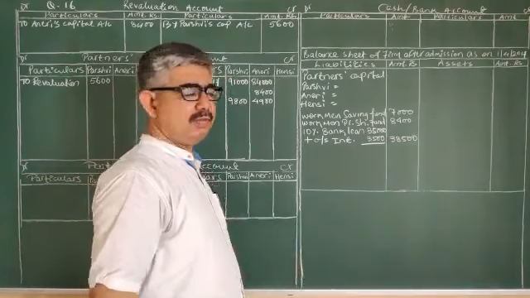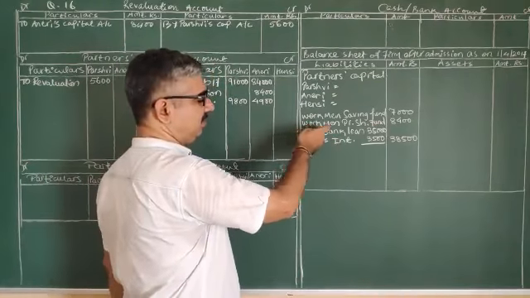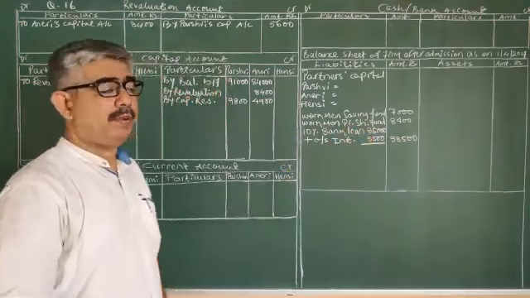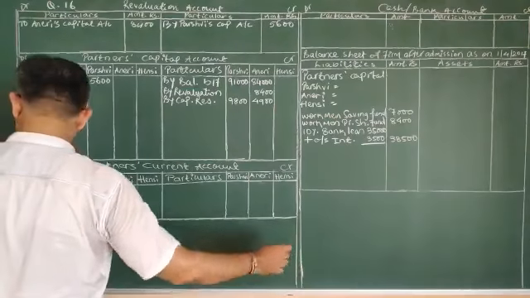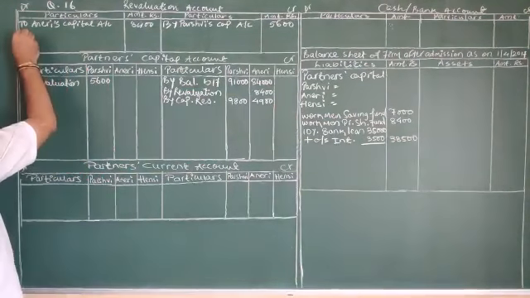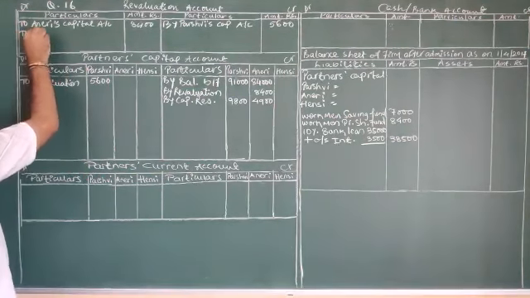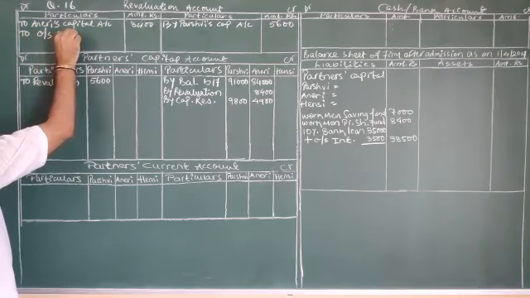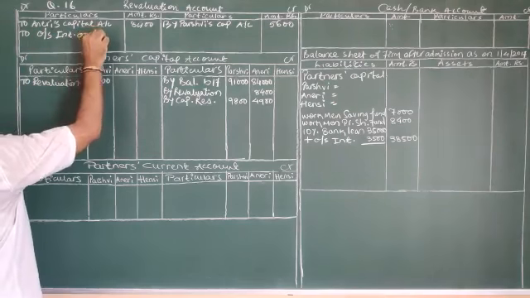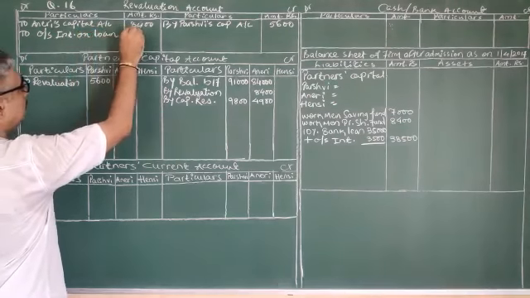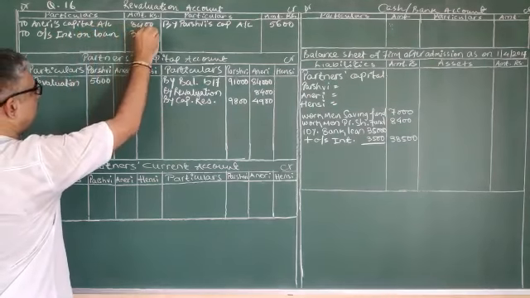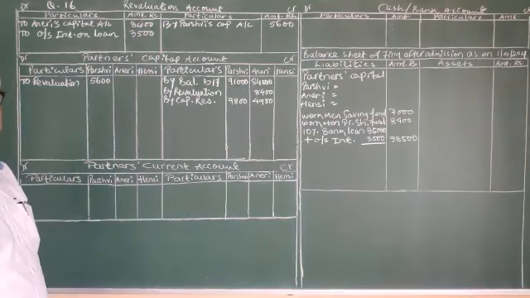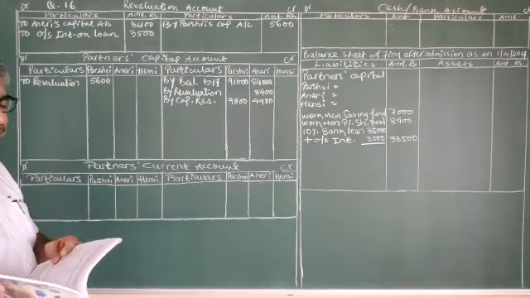Is there any problem? Very simple. 10% for 1 year. So 35,000 at 10% is 3,500. Because when I said plus, debit outstanding interest on loan 3,500. Is there any problem? Naturally not. It's very simple.